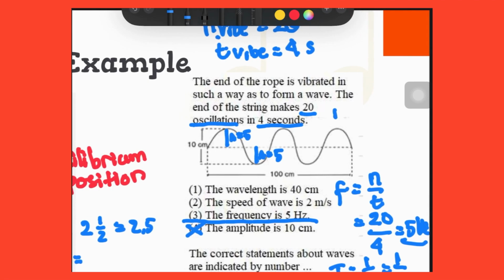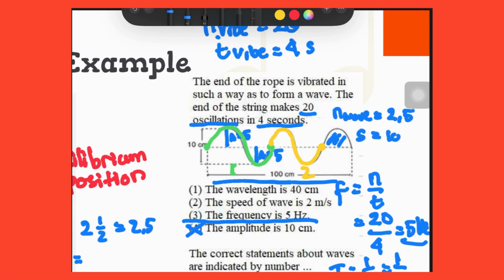Again, the second, the wavelength. How many waveforms are here? One, and then 2, and then a half. So 2.5 waves, and the distance is 100 centimeter. So we can say s is 100 centimeter.